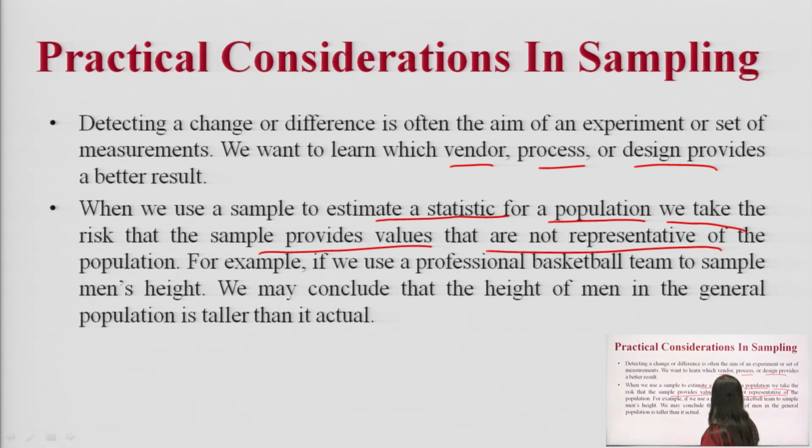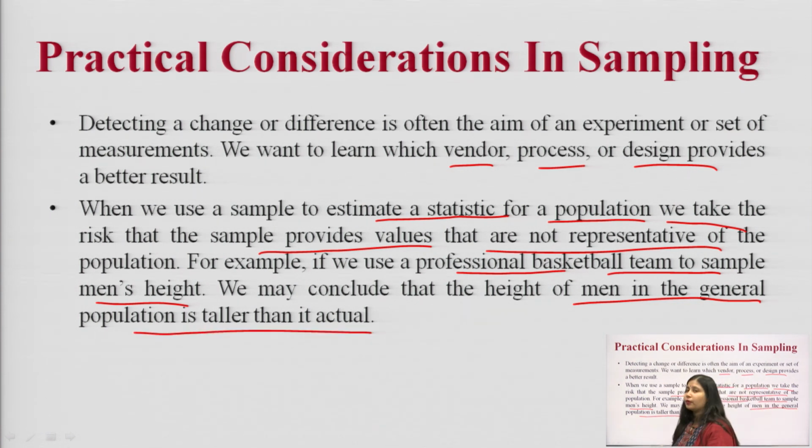For example, if you use a professional basketball team as the sample for men's height, they may not be your ideal sample, because in a basketball team most of the men's heights are more than the general population. So you have to choose a sample which is ideal for the population.